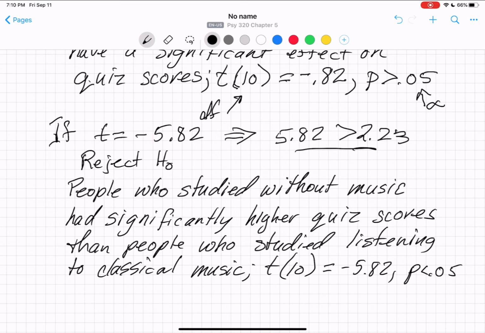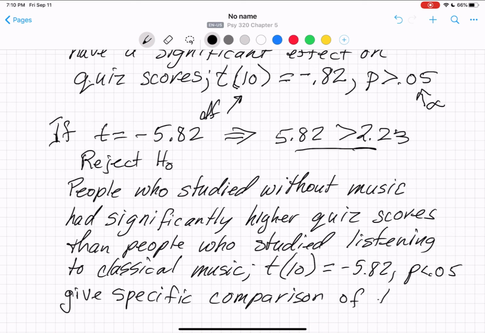Then you want to give a specific comparison of the two groups.